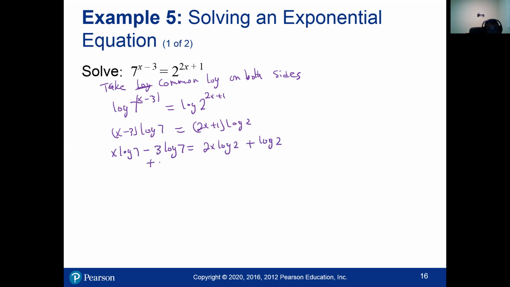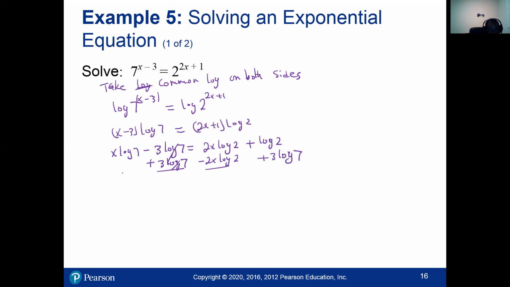So let us add 3 log 7 to both sides. So this cancels out, and then we're going to subtract 2x log 2 on both sides.